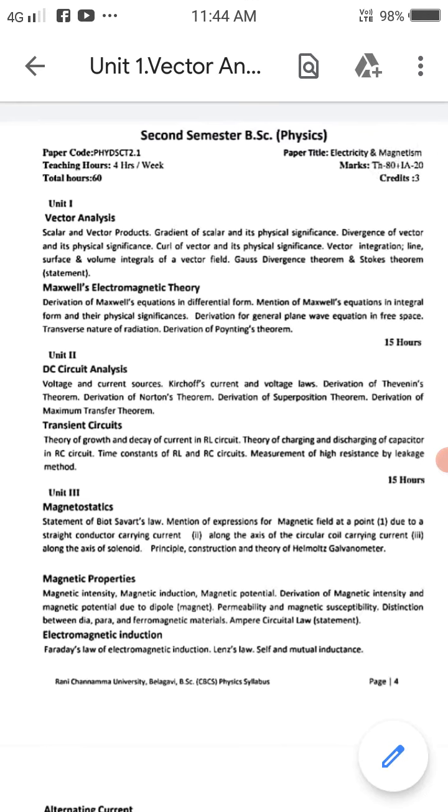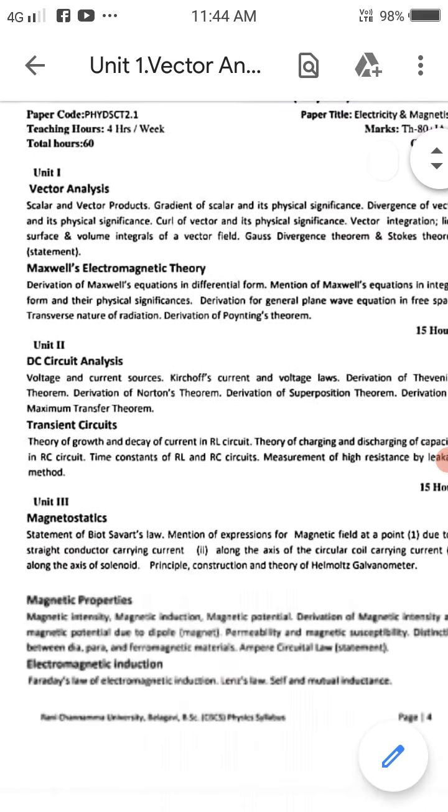Dear students, now we are going to discuss the first unit, which is vector analysis.